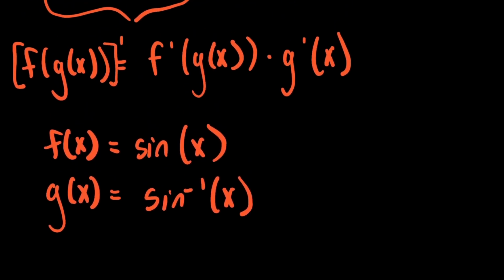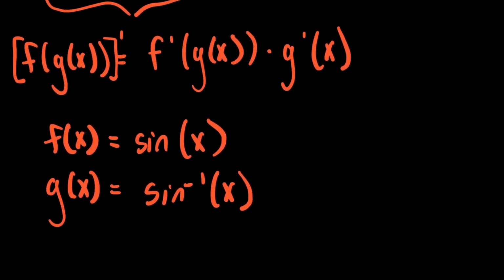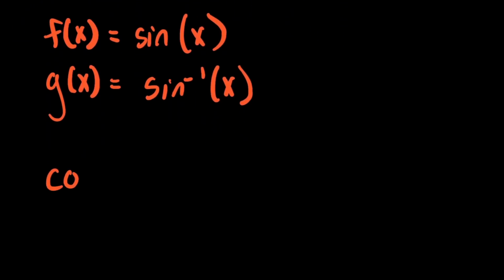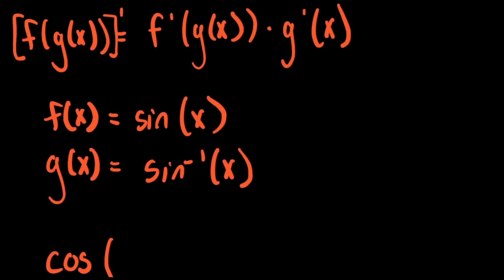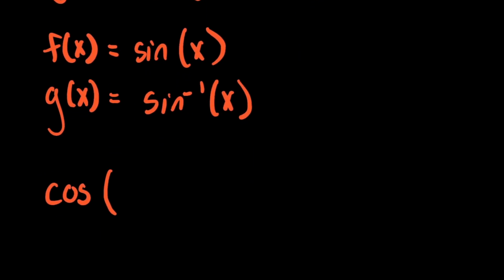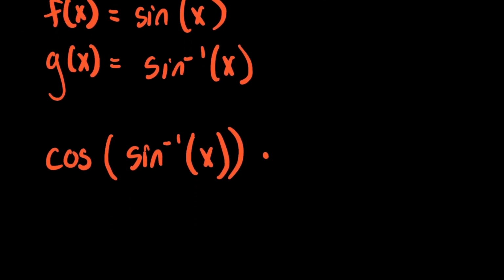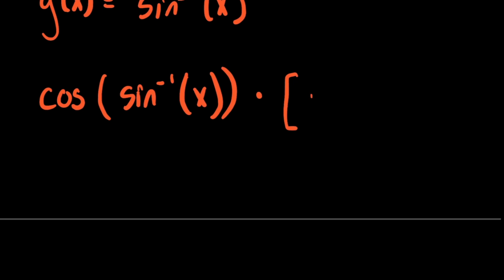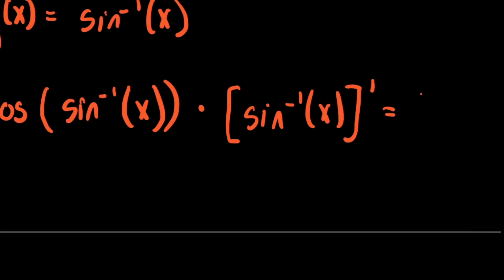So let's go ahead and work that out. The derivative of sine is cosine, evaluated at g of x, which we know is sine inverse sine of x, times g prime of x, which is the derivative of inverse sine of x, which of course we don't know yet. And all of that can be set equal to 1.